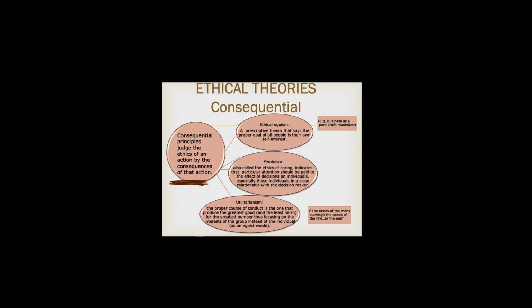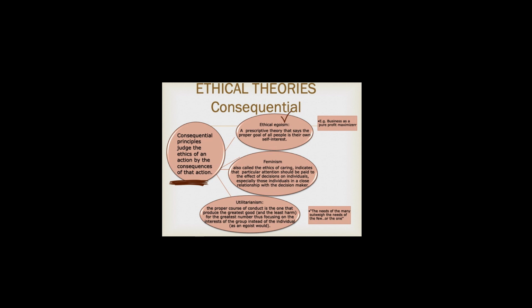It's a prescriptive theory that says that the proper goal of all people is their own self-interest. We kind of distinguish that from a psychological egoism, but the idea is the individual, or in our case, the company, takes a look at whether something's ethical or not by whether it maximizes the pure profit of the business. And that's what's in the rectangle on the right side of the slide.